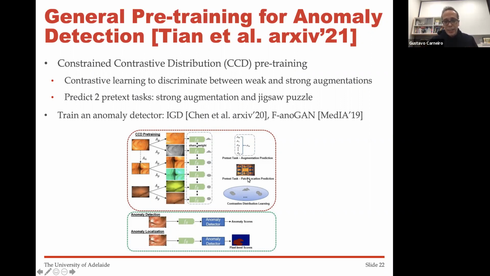So we have these three types of losses to do just a pre-training using only normal images, and then we take this and we train both anomaly detection and anomaly localization, as you can see here at the bottom. So we can do both. And the detection and localization are based on systems that have been proposed before, like IGD and FCDD.